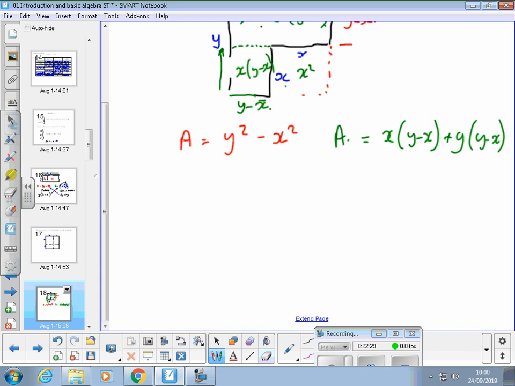If we expand, what happens? Yep. Now, we've got plus xy there and minus xy there. So they cancel. What have we got now? They're in a different order, but we've got what we got up there. Minus x squared plus y squared is the same as y squared minus x squared.